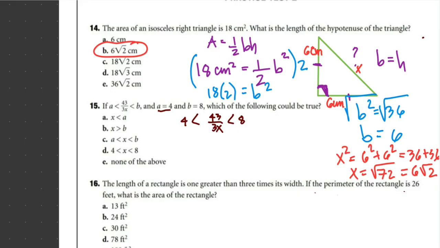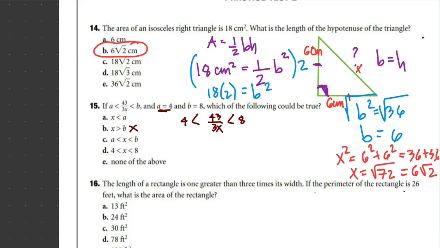Which of the following could be true? So if a is equal to 4, x could be less than a, but how about b? It should be less than b too, right? If x is less than a, then it automatically means that x is less than b.